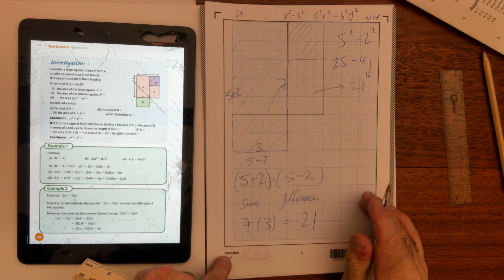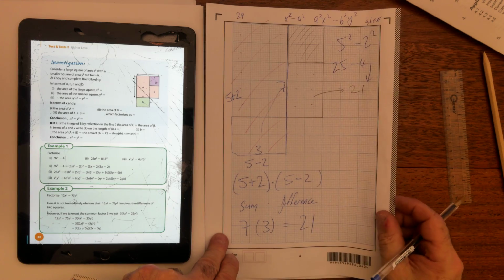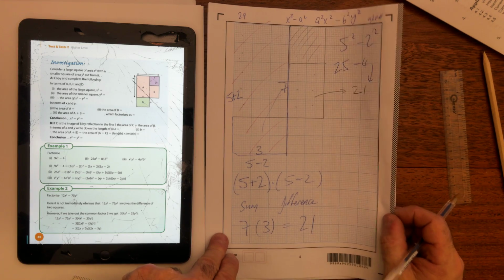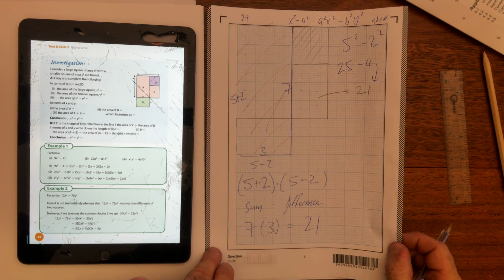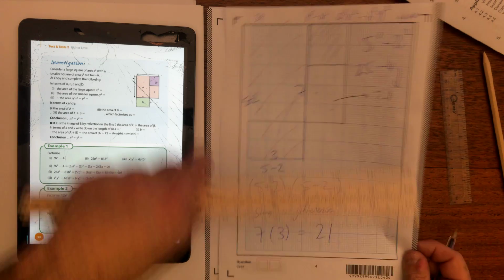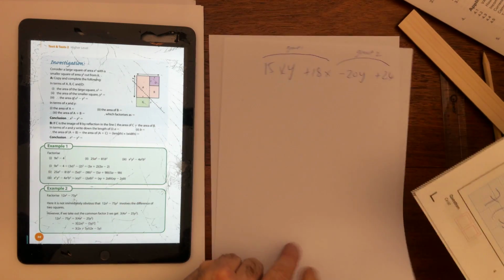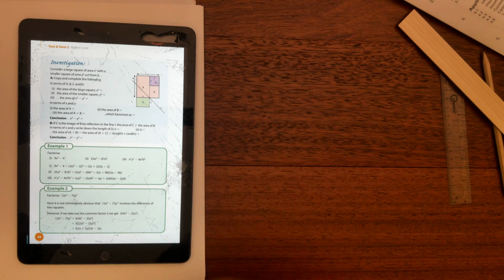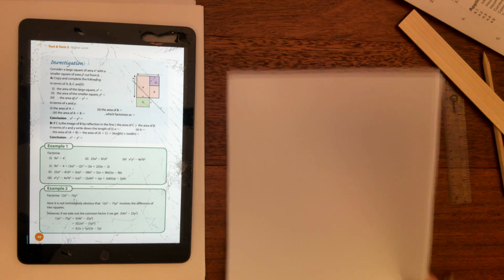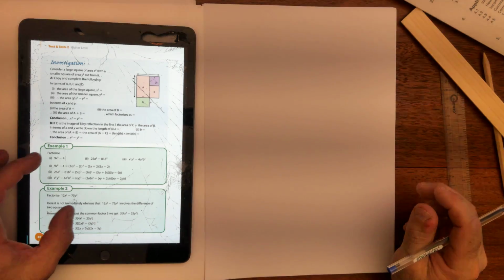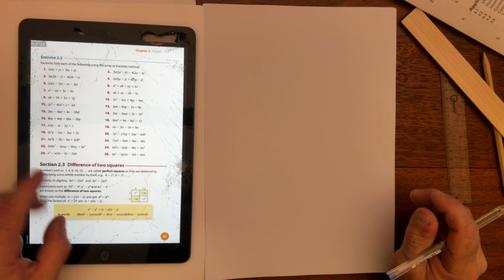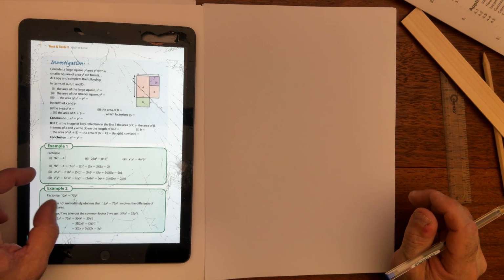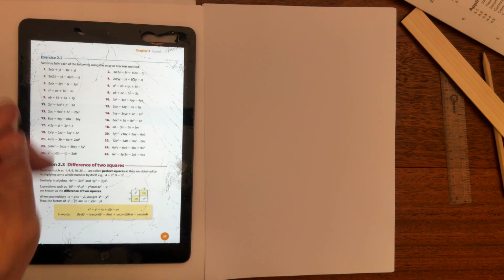So there's our understanding of it, and now we can get down to applying it. And we can apply it in both directions. As always, we'll do the examples from the book. And indeed, we'll just summarize here as they do.